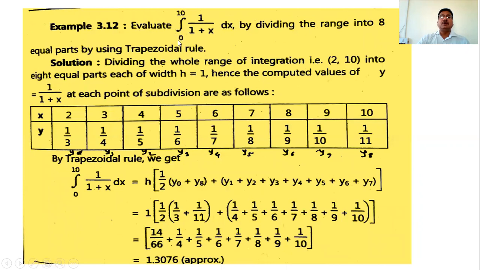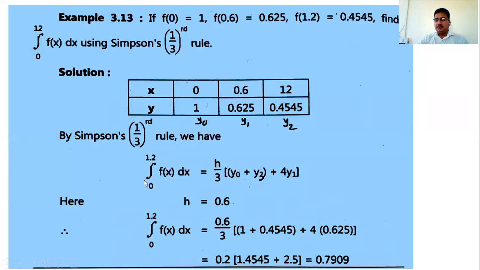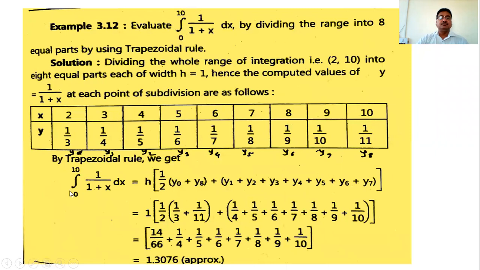So correct the problem: the integration is from 2 to 10, here is also a correction, write 2. The lower limit is 2, and then each time add 1, and stop at 10 because 10 is the upper limit. So write the correction, correct the problem, write 2 here, and also here.